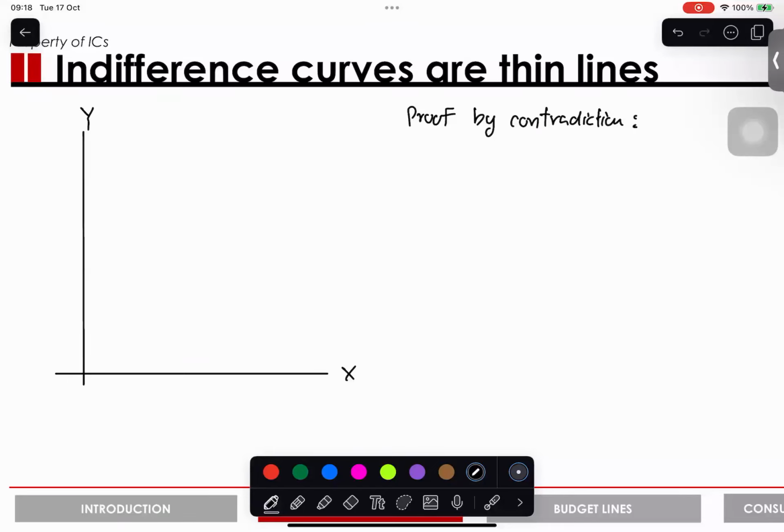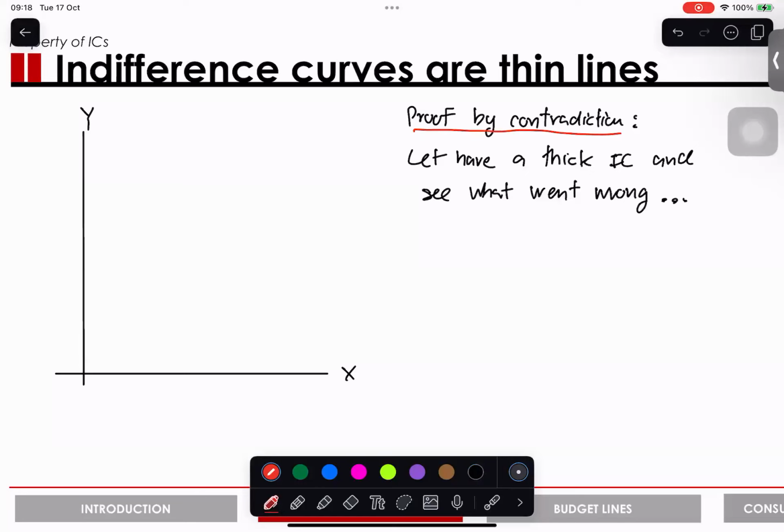Let's make a thick line and see what's wrong with it. Let's have a thick IC and see what went wrong. That's called proof by contradiction.